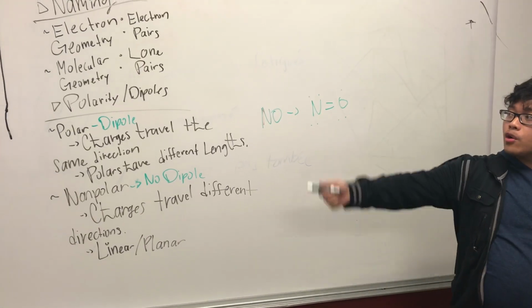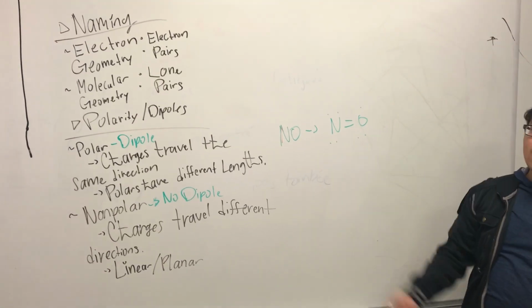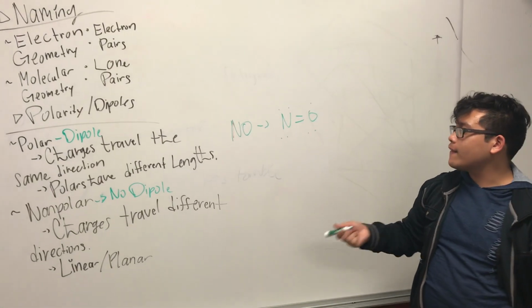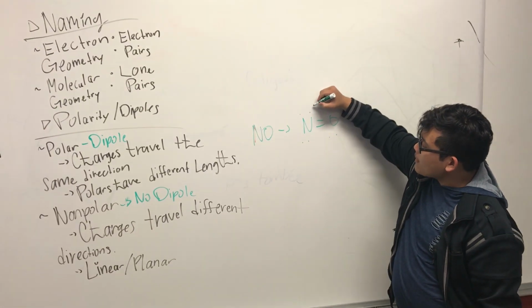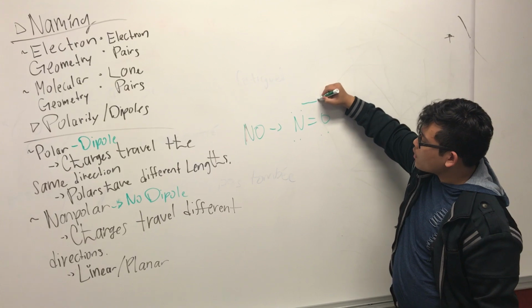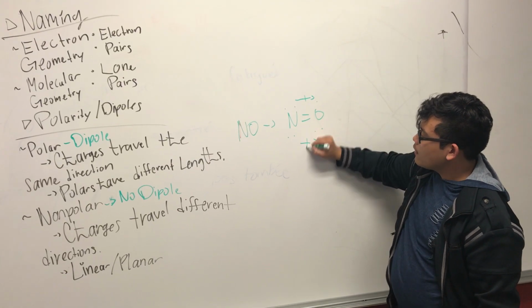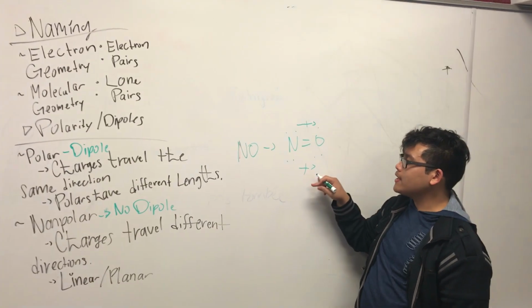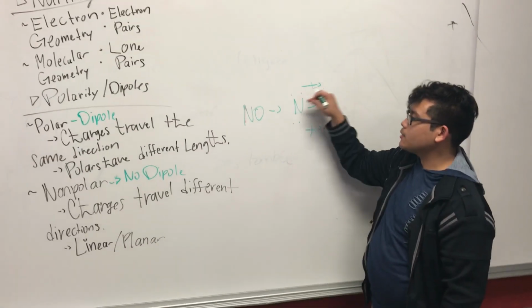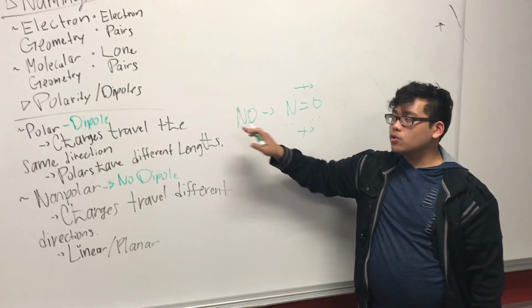If you look at your periodic table, the first thing you want to do is determine which element is more electronegative. Right now, O is more electronegative, so all the electrons are going to go this way. Do you see how they're going the same direction? If they're going the same direction like this, meaning all the electrons from N are going this way, it means it's polar. So that's the first rule.